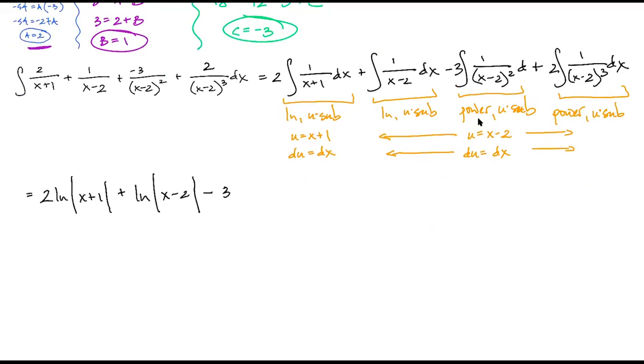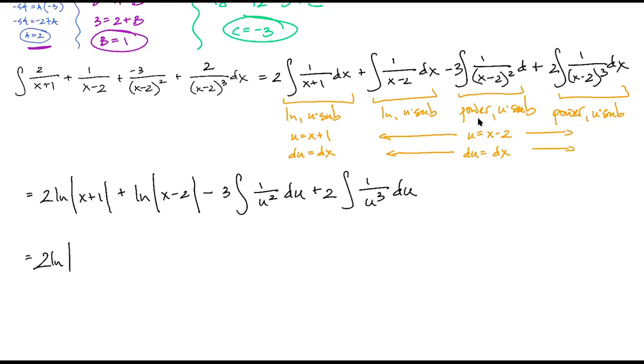So 3 times the integral of 1 over u squared du, plus 2 times the integral of 1 over u cubed du. And I think when we see it in that format, we can buy in a little bit more that it's not a natural log, right? So natural log is only when that power on the bottom is 1, and these powers are not 1.